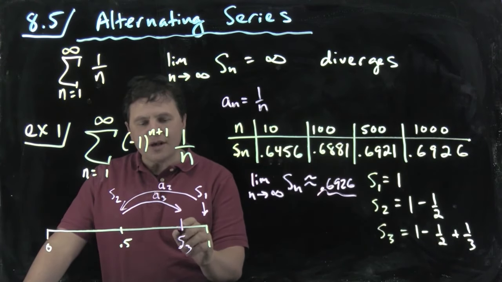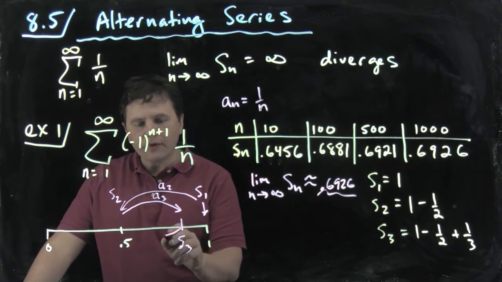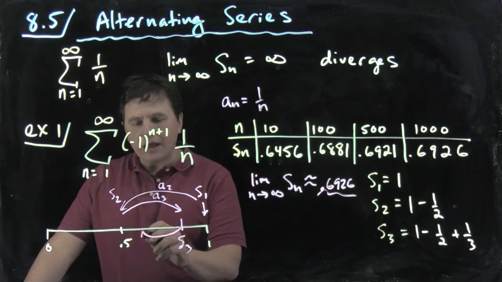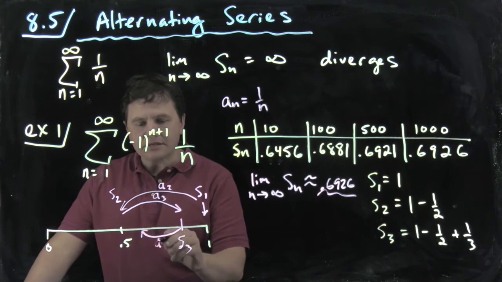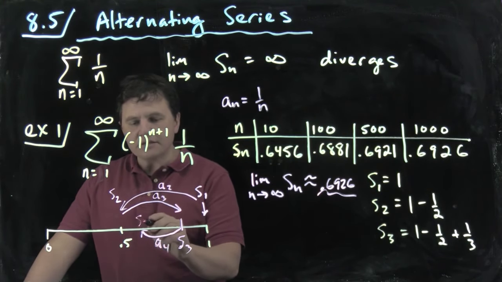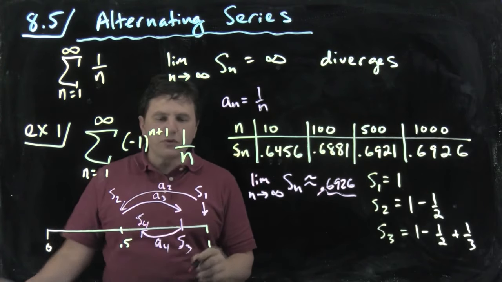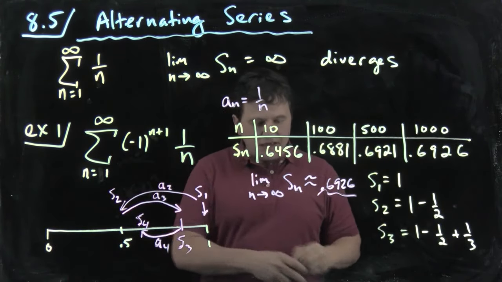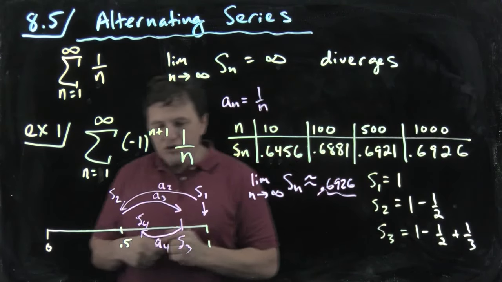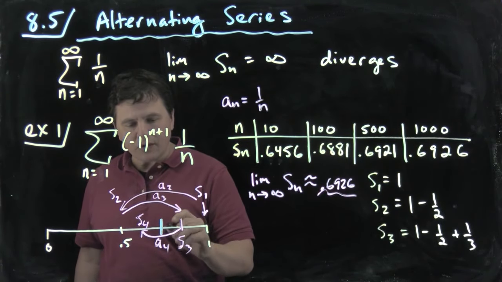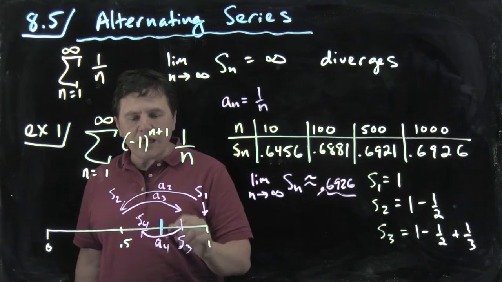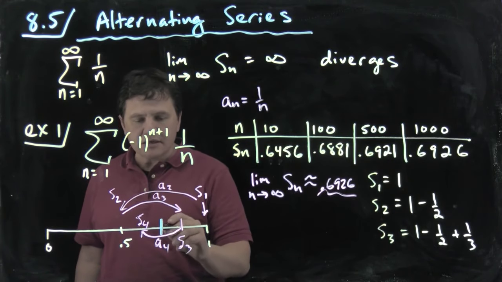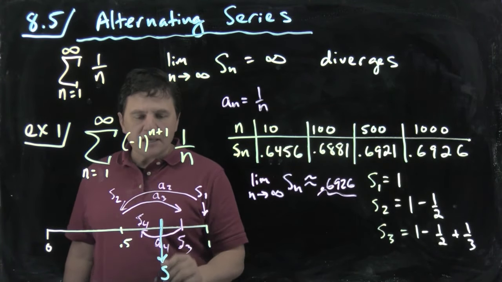So if I'm going to do S sub 4, I'm going to subtract A sub 4, and this is going to be S sub 4. So if you think about what's happening here, keep in mind we have an approximation that's somewhere in here. The actual sum, which we don't know analytically what this is, the actual sum is somewhere in there.